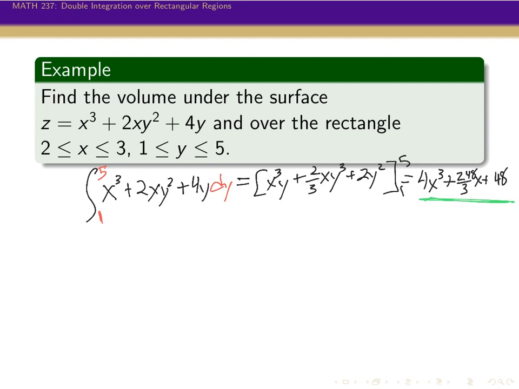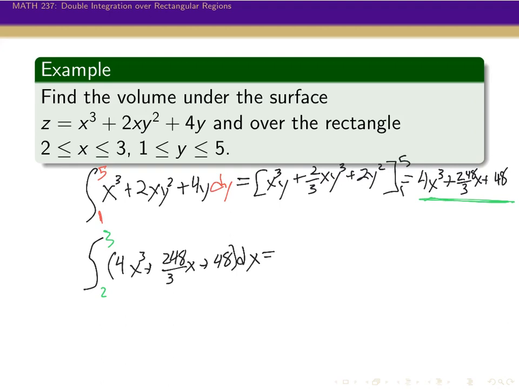And so now this function is just in terms of x. And so then we can go through and do the integral in terms of x. So the integral in terms of x, the x values are going from 2 to 3, of 4x cubed plus 248 over 3x plus 48. We're integrating in terms of x now.